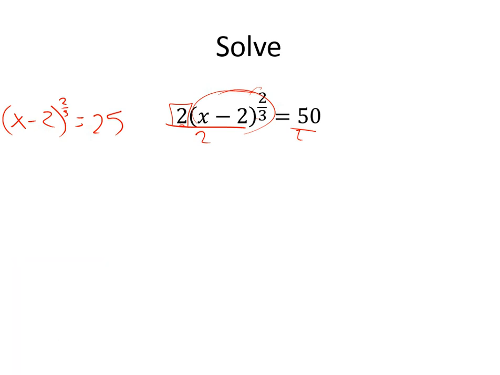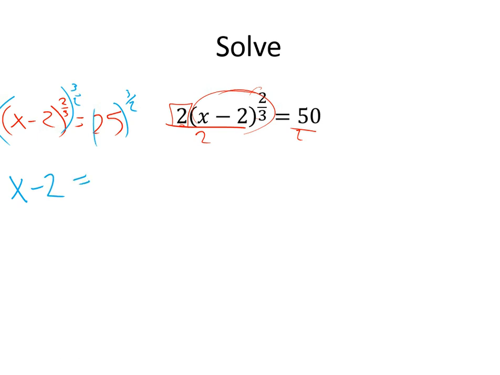Now after that, we're going to multiply both sides by the reciprocal of this power. The reciprocal of this power would be 3/2. So multiply this by 3/2. Now, 2/3 times 3/2 gets you 1, which leaves just x minus 2. Done.